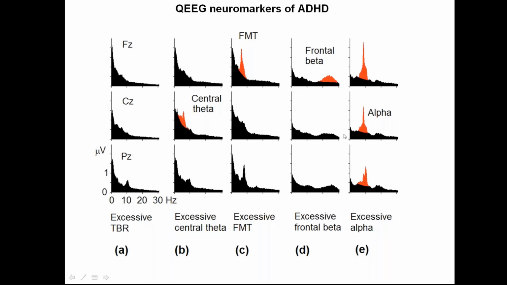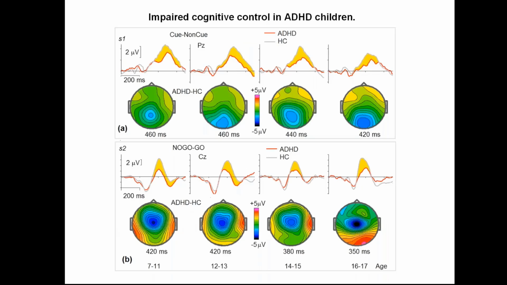And there are subgroups of ADHD which are dysregulated, and one way of changing this dysregulation could be a neurofeedback procedure. Okay, but let us look at the other window to the brain.